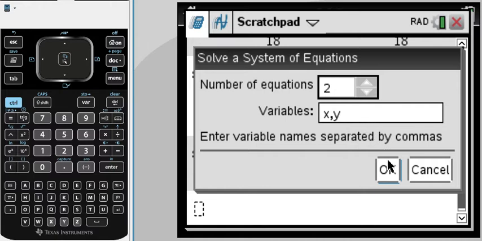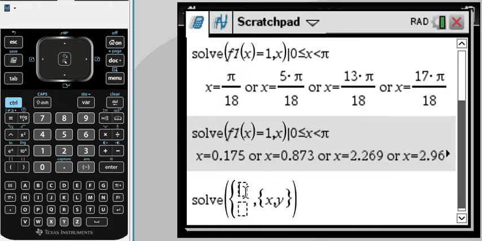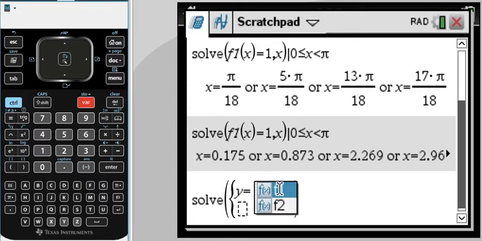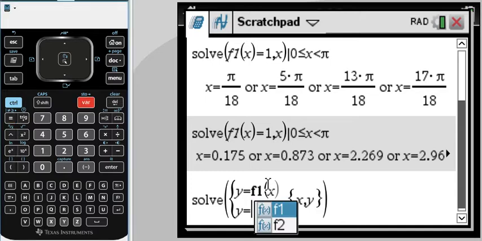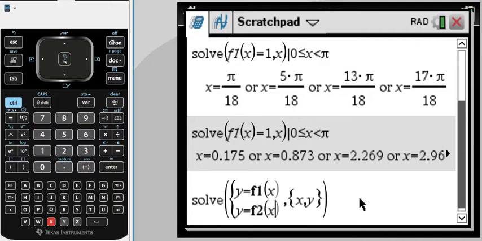My first equation is y equals f1 of x, and my second equation, y equals, let's say, f2 of x. I'm going to find where these 2 things are equal to each other. And again, this is periodic, so it's going to give me infinitely many.